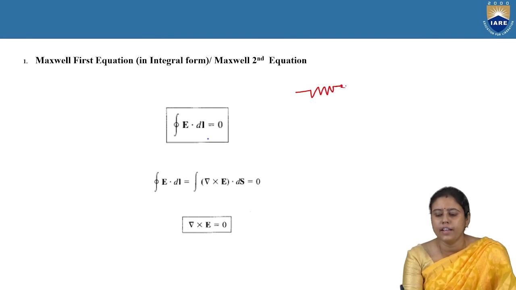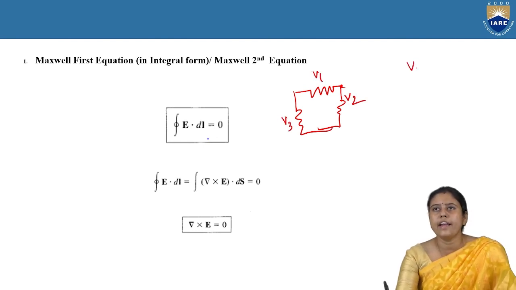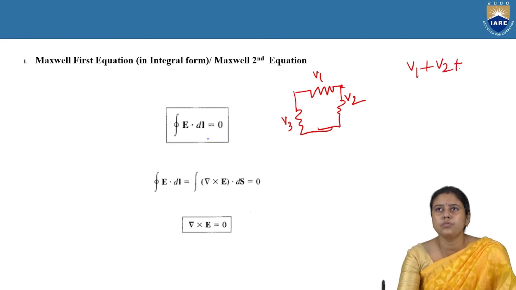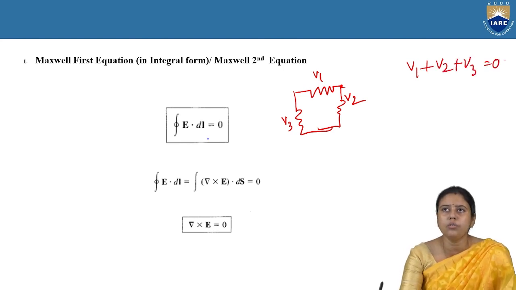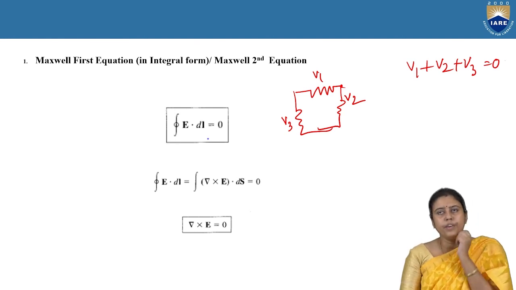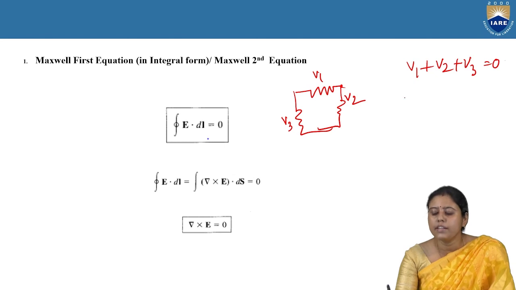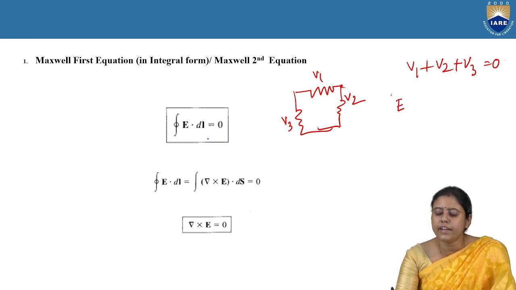When we start the Maxwell's second equation, we start from the very basic equation of the KVL. If in a closed path we have three voltages V1, V2, V3, we can write V1 plus V2 plus V3 is equal to 0. This is the basic equation of the KVL. Now, we can change the V. What is V? V is nothing but the integration of E dl.